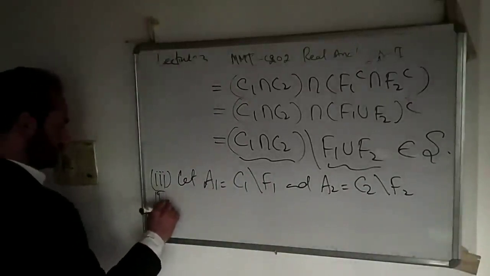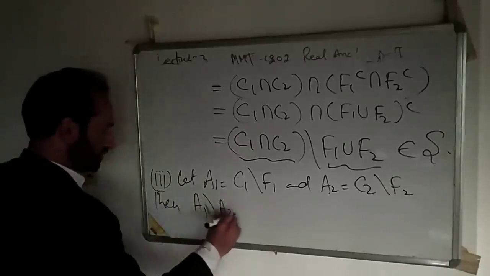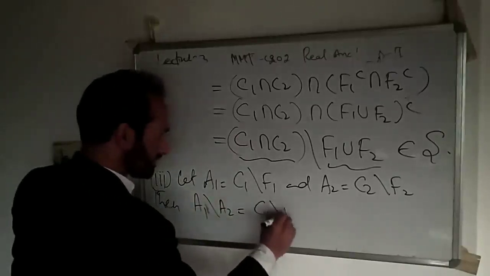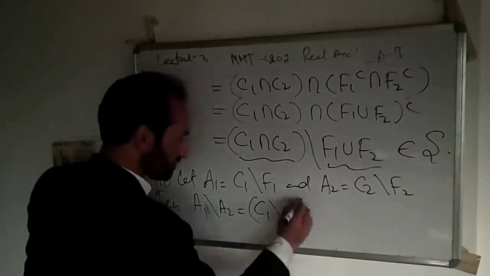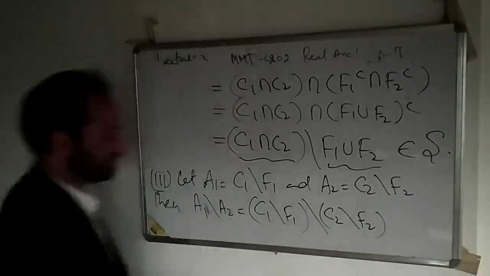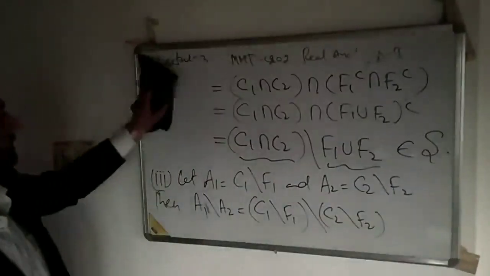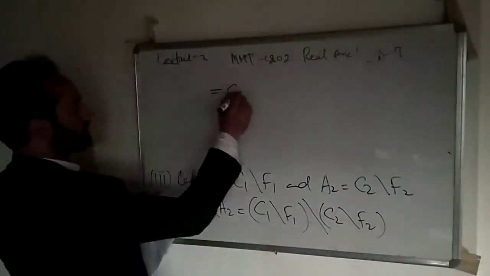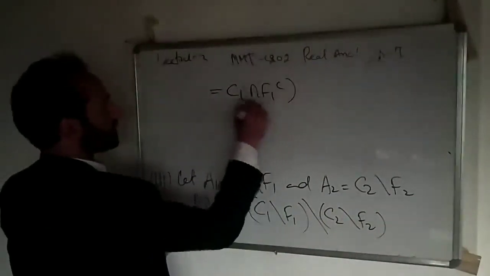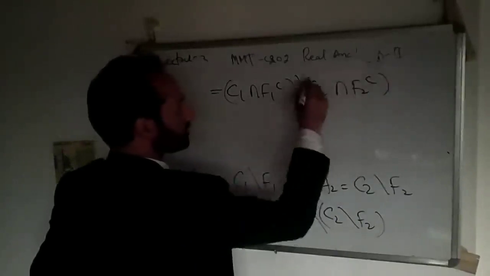Then A1 minus A2 is equal to (C1 minus F1) minus (C2 minus F2), which is C1 intersection F1 complement difference C2 intersection F2 complement.